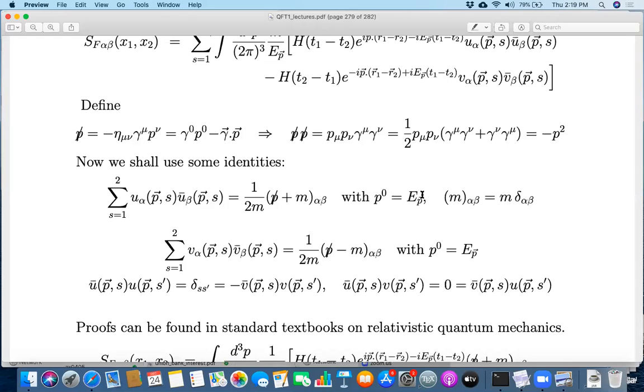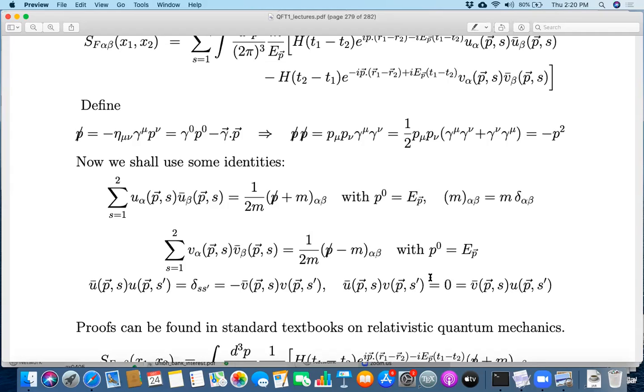Here p0 is E_p, and M is just a number, so M alpha beta is M times the identity matrix, M times delta alpha beta. Similarly, if you take the sum over s of v alpha times v bar beta, you get 1 over 2M times P slash minus M alpha beta, again with p0 equal to E_p. The other useful relations are u bar u is delta s s prime, and v bar v is actually minus delta s s prime, the way I have written it here.